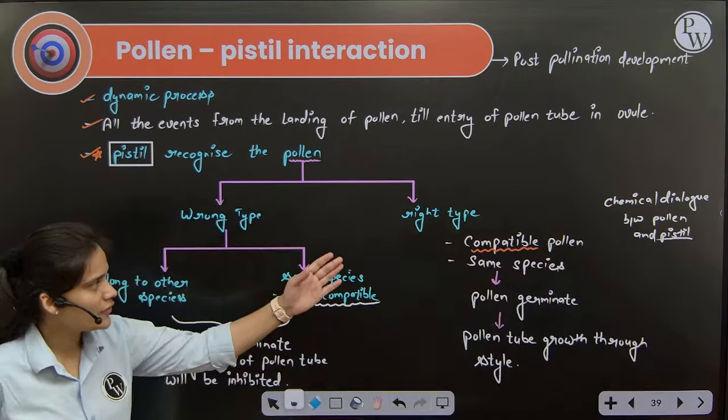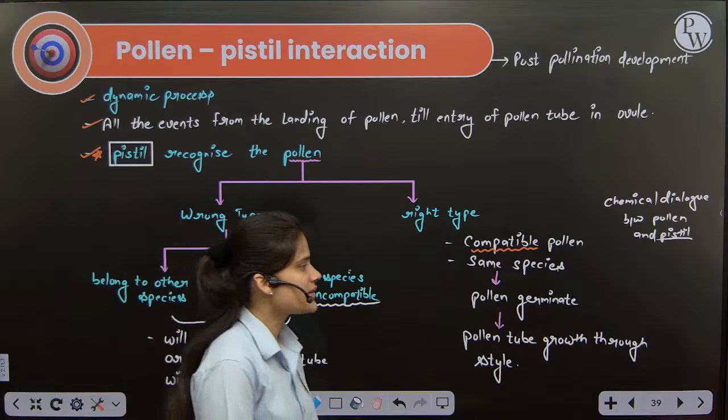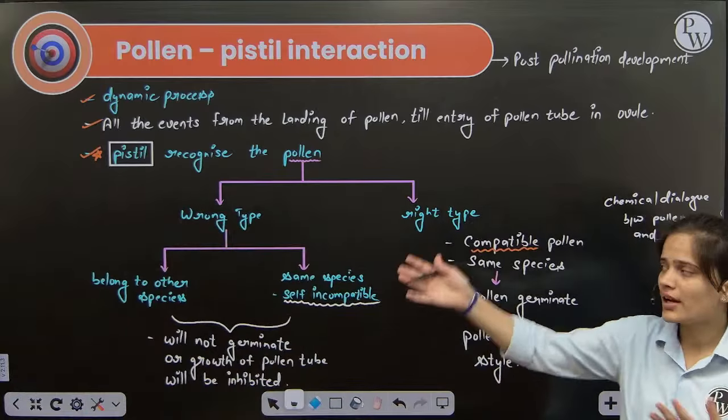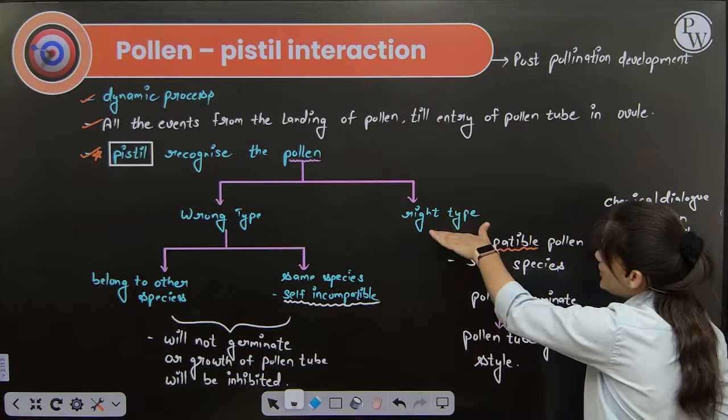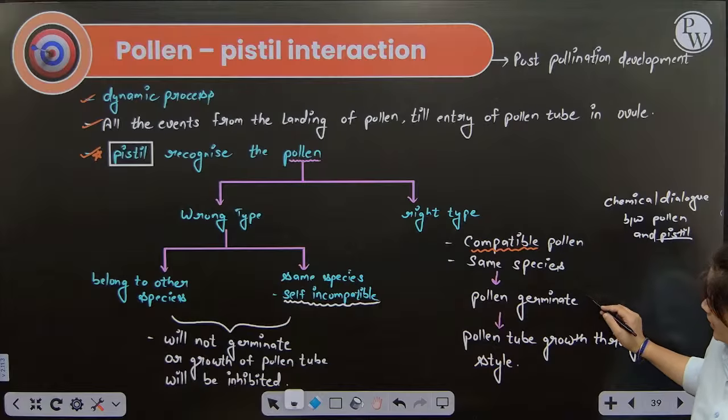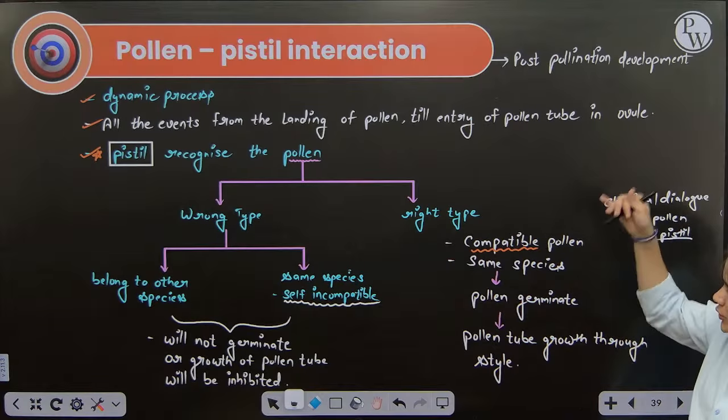With the help of this chemical dialogue, the pistil is able to recognize whether that pollen is from the same species or from a different species, or whether it is self incompatible. If compatible pollen grain lands on the stigma, then the pollen germinates and the pollen tube grows through the style.